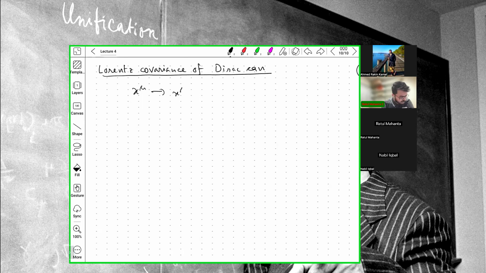These are transformations of this form, and we need to transform these matrices, but how? So we'll proceed assuming that there is a matrix which depends on the Lorentz transformation parameter. Infinitesimally, this is identity plus omega, where omega mu nu are the small parameters.